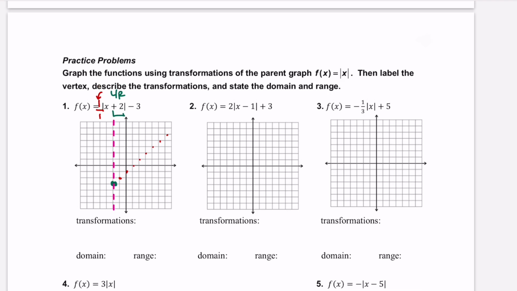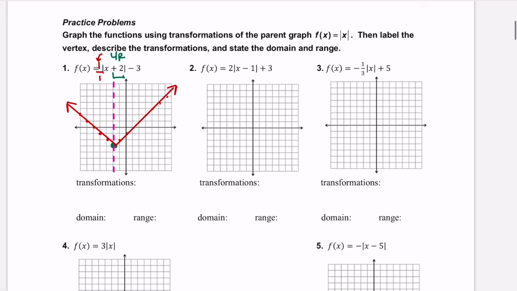That's going to be our axis of symmetry, and then we're just going to reflect all of the points across the axis of symmetry to make a V shape. And I like to think of V standing for absolute value, V for value. So whenever you see an absolute value graph, you're going to have a V-shaped graph. Now, transformations are just what did we do to the graph? Well, we went left 2, and then we went down 3.